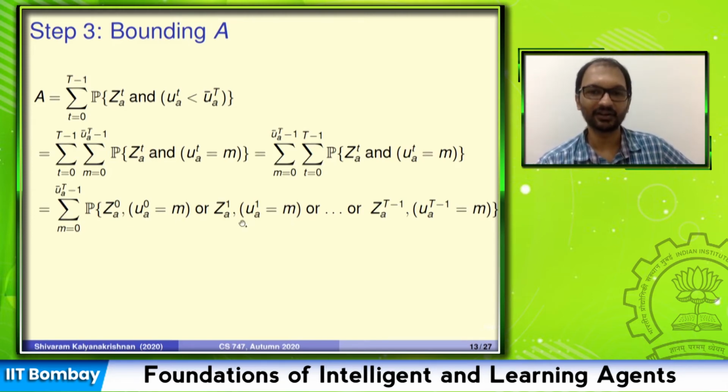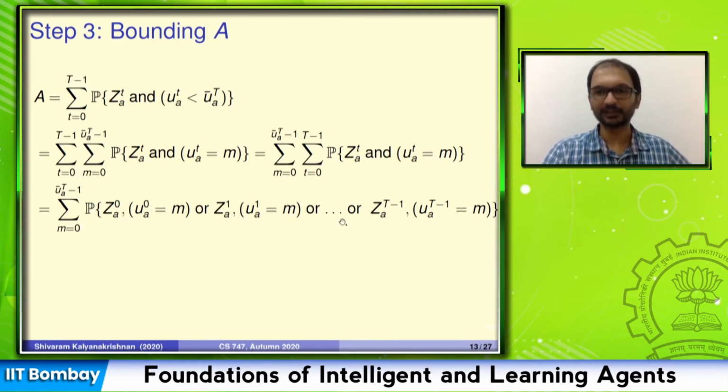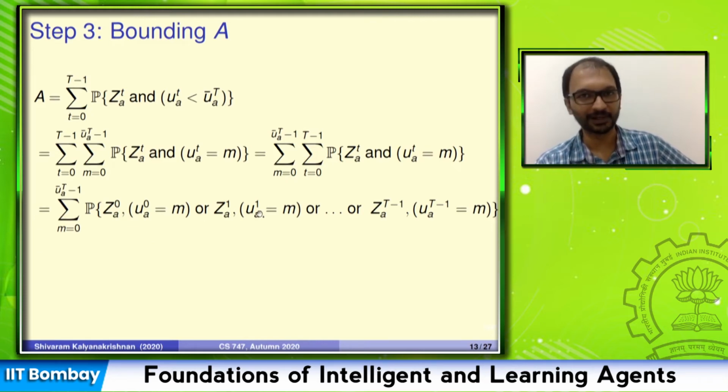So these are exclusive events. It's maybe easier to go in the other direction. Suppose I had given you this first: probability of this for 0, this for 1, this for T minus 1. You can see that only one of these things can happen, because if one of them happens, then M ought to have gone up by 1. It cannot happen for anybody else. So there is exact equality between these two things. That's why we have an equal sign over here.